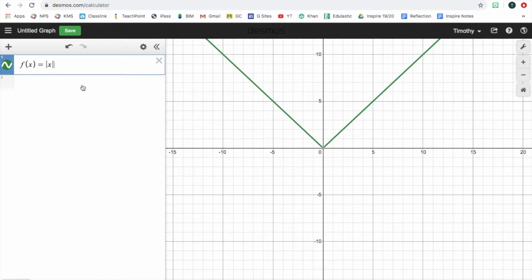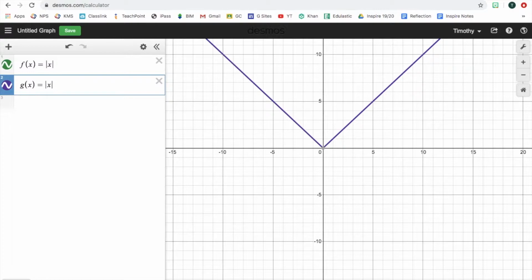The next thing I'm going to do is add a constant up here. I'll have a new function, g of x, g of the absolute value of x, and let's do a vertical translation.